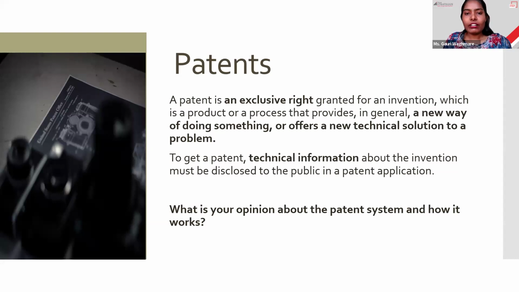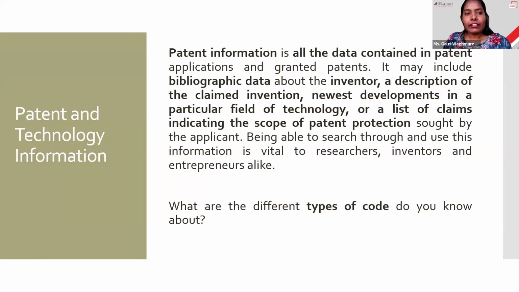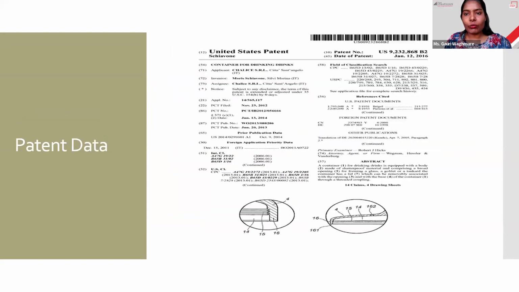Let's go ahead. Patent and the technology information. So when you see a patent document, suppose you are having a patent document like this. Are you able to see this? This is a US grant. Yeah, this is the US granted patent.